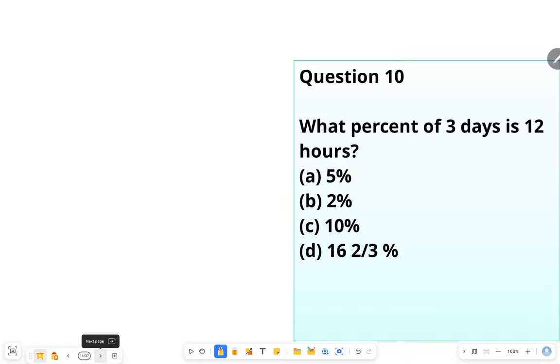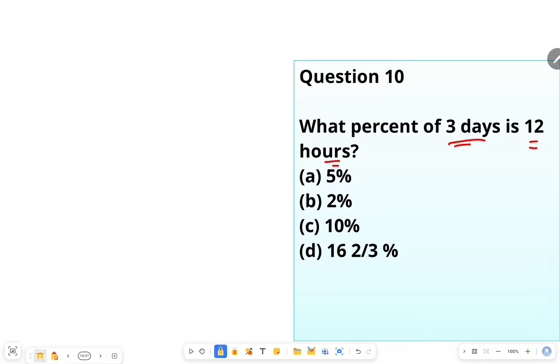Let's go ahead. Now question number 10, this is the same kind of question which we solved in question number 9, right? What percent of 3 days is 12 hours? Here we have days, and here we have hours.